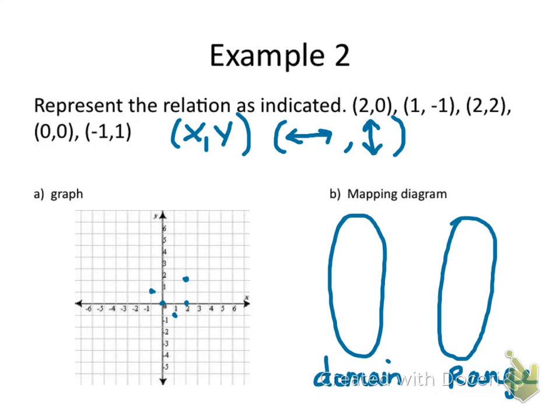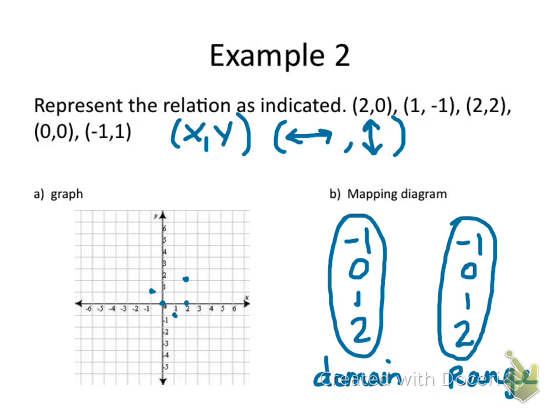So the smallest one I have is a -1, then I have a 0, then a 1, and a 2, even though I have two 2's. Then for my outputs, or ranges, least to greatest, again not matching them up, I would have the -1, the 0, the 1, and the 2. So it's the same numbers in each one of these. And now I'm going to draw arrows from each domain to the corresponding range.